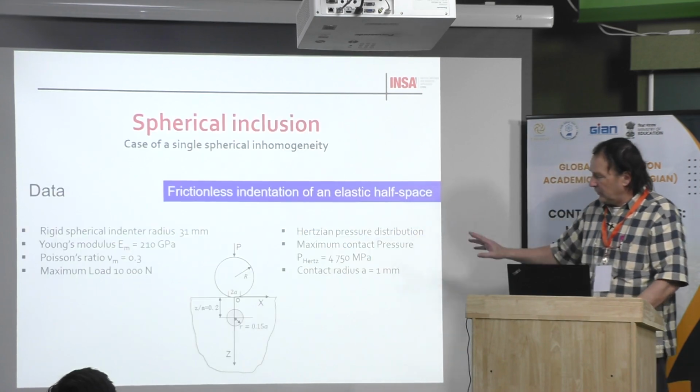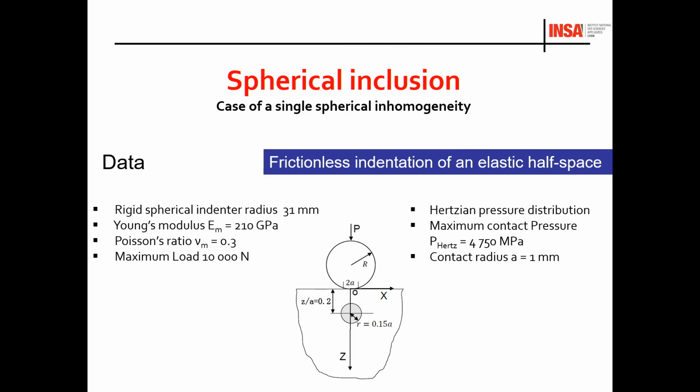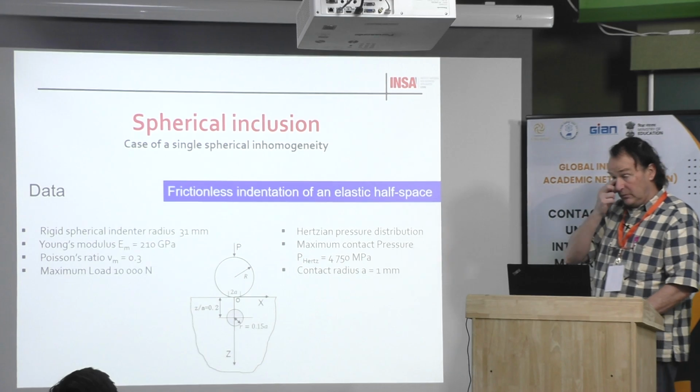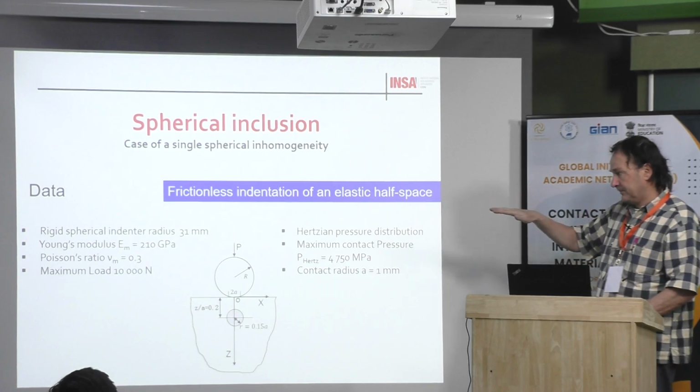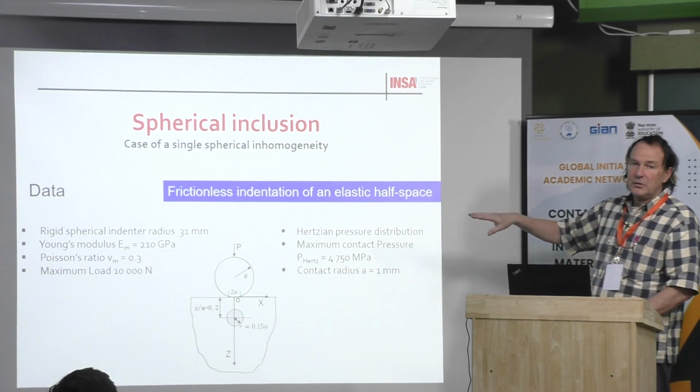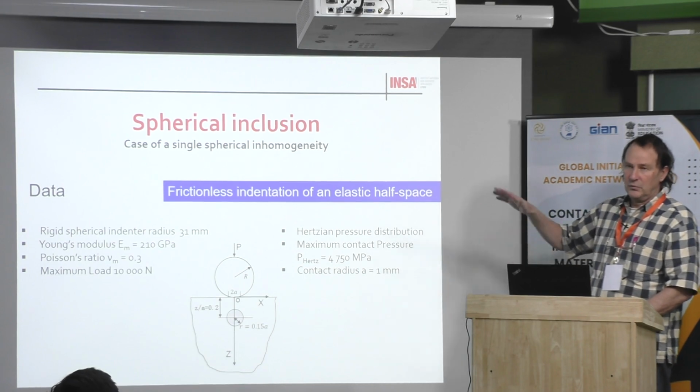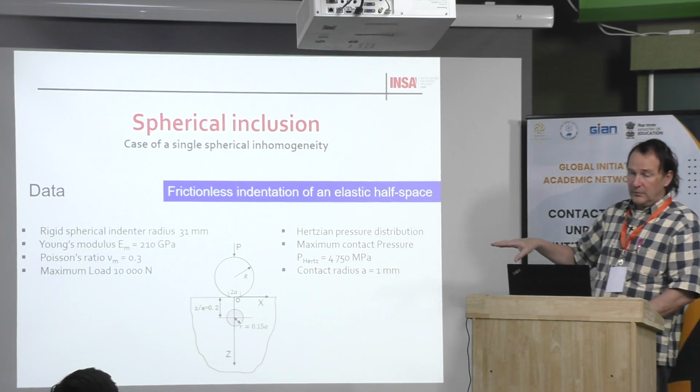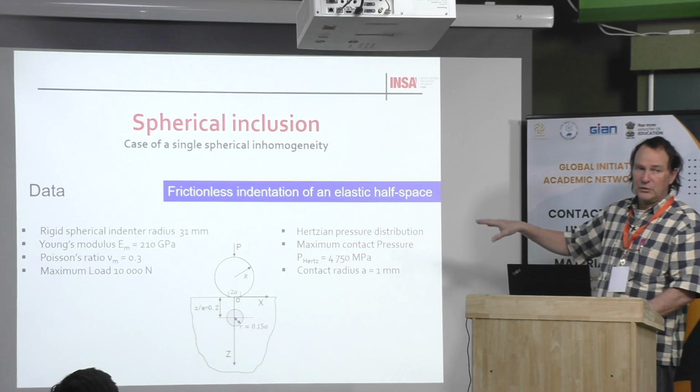Okay, the numbers are not very important, but just to give an idea of what it corresponds to. Everything can be done in a dimensionless form. Typically here we consider a material which is a steel. This is also because we are working for companies doing research.